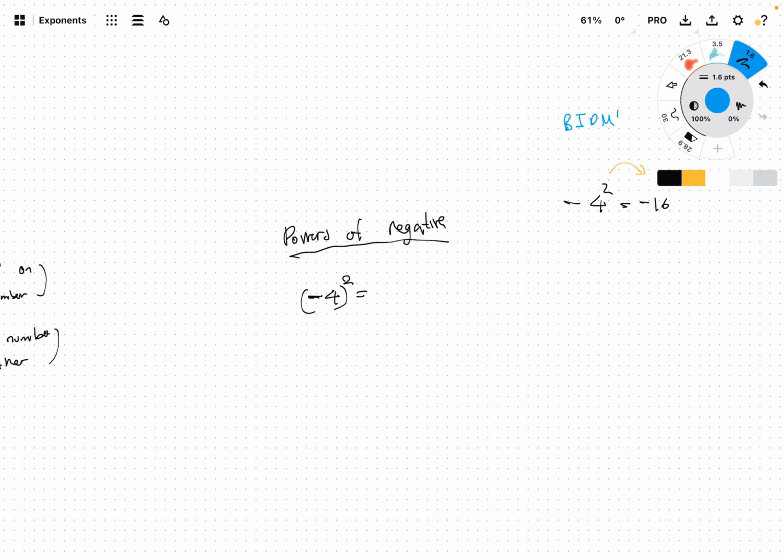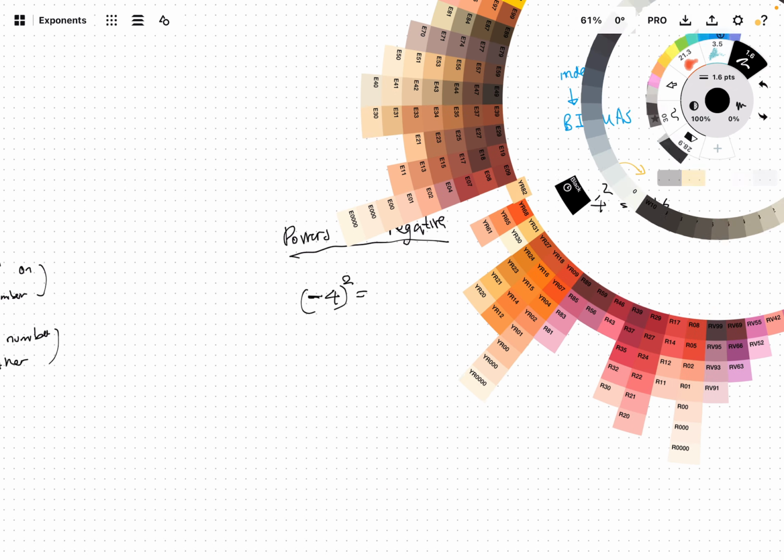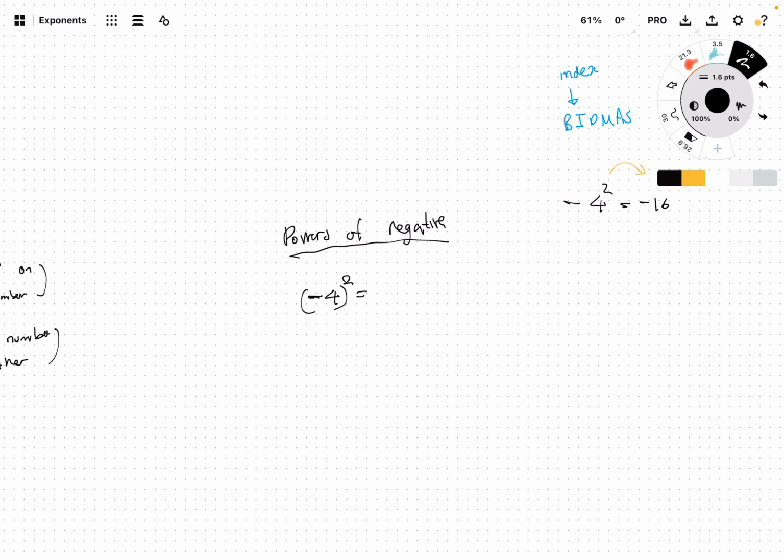You do the index before the multiplication. If you take the power of a negative, again keeping the negative inside the bracket, it becomes positive. So negative 4 squared is the same as positive 4 squared.